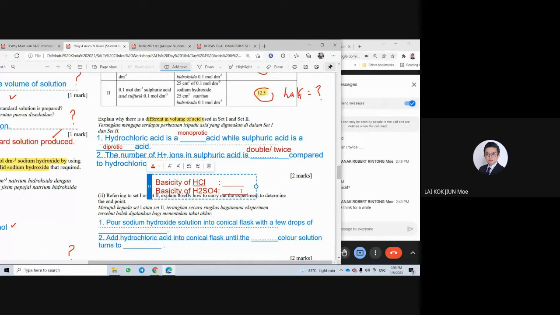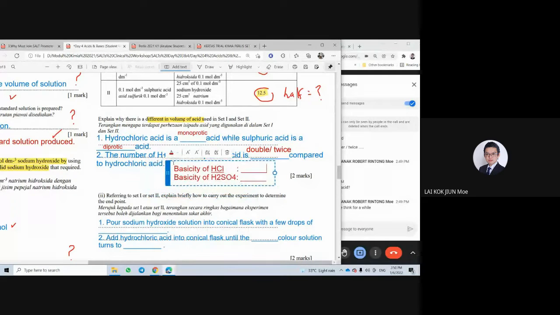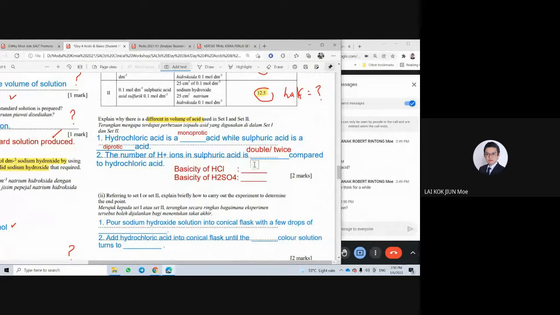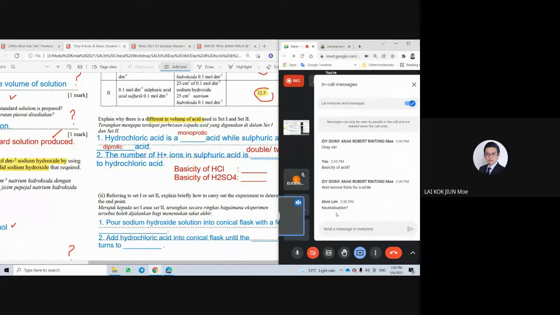Alvin, you are track cleaner. Today, both of you have to become the person SOS, help out. Basicity here. So what should I write? If I say basicity, write down the basicity for HCl, Yancy. No, not neutralization. Write down the basicity of H2SO4.